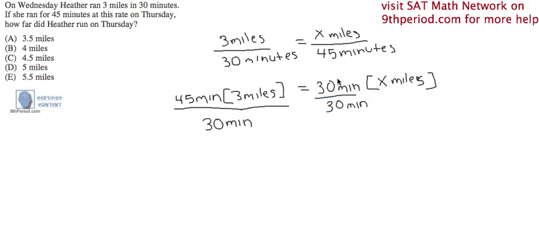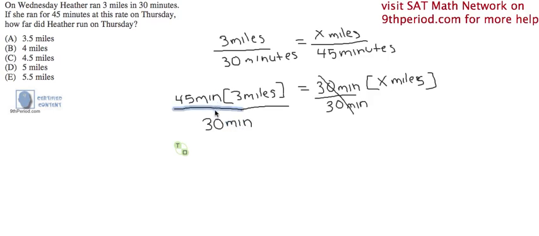Okay, so 30 over 30 is going to cancel out. Essentially, that's just equal to 1. So that allows us to isolate x miles. And then we're going to have 45 times 3, which is equal to 135. And we're going to divide by 30, which is going to give us our answer.